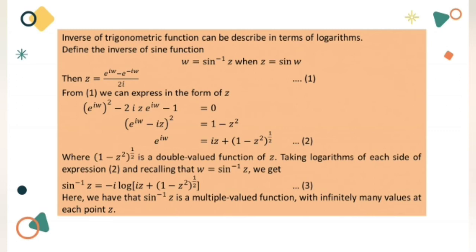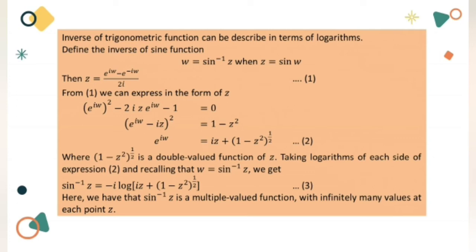It is equivalent to exponential iw minus iz squared equal to 1 minus z squared, equivalent to exponential iw equal to iz plus 1 minus z squared to the power of a half. Name it as expression 2, where 1 minus z squared to the power of a half is a double valued function of z.